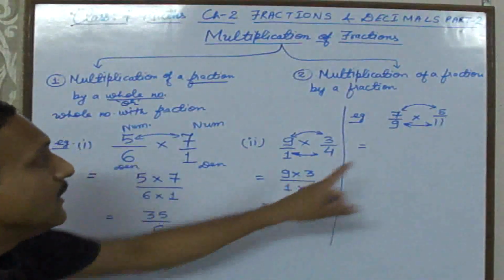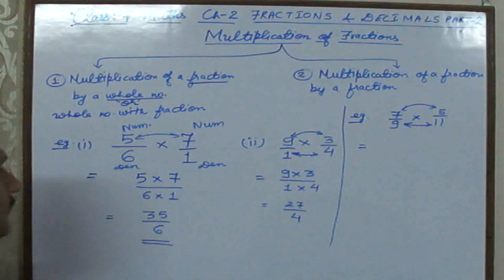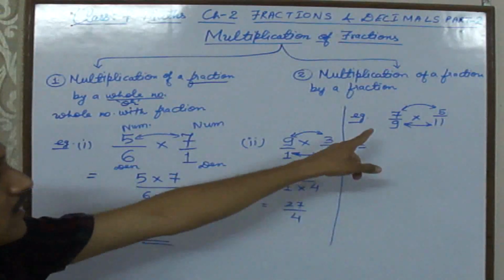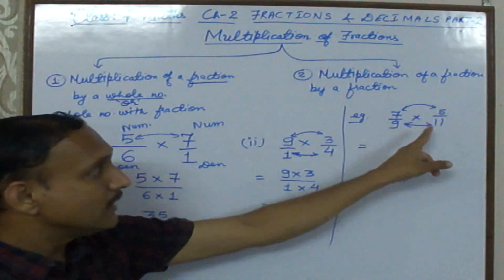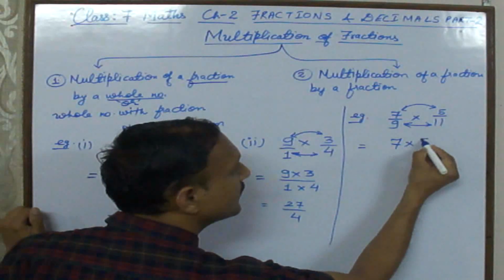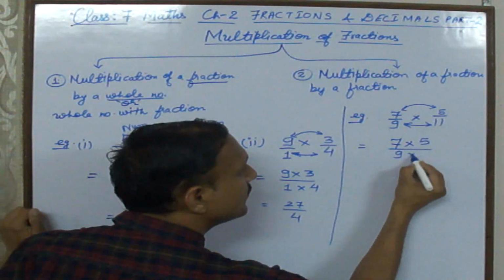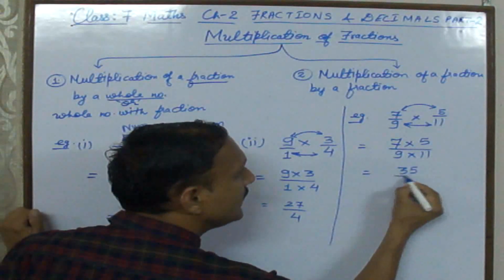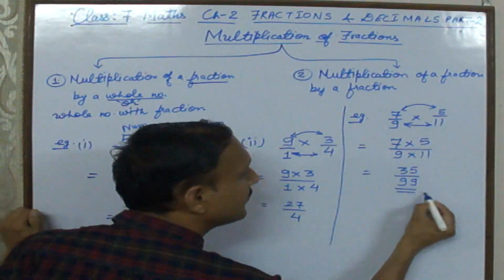Earlier, where a whole number was there, we had to put 1, but here all numerators and denominators are already there. So 7 5s are 35, 9 11s are 99. This is the answer.